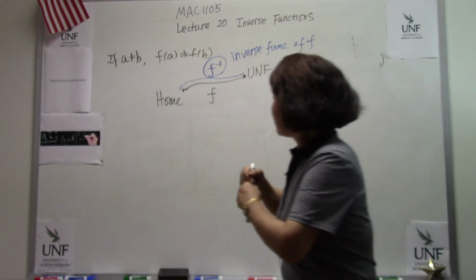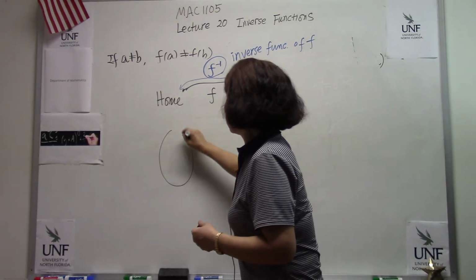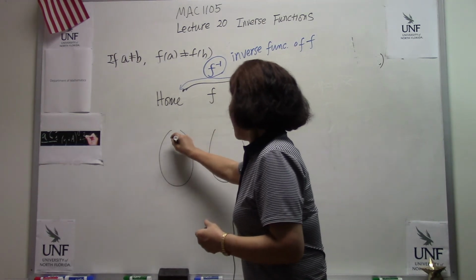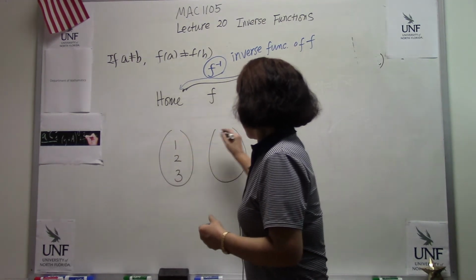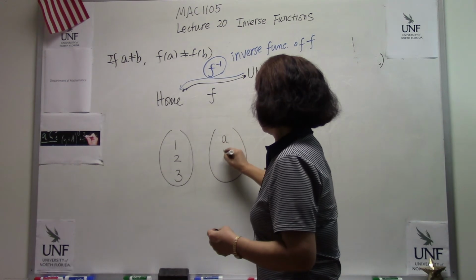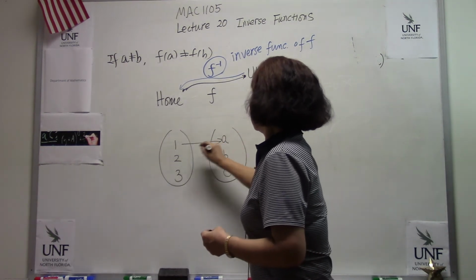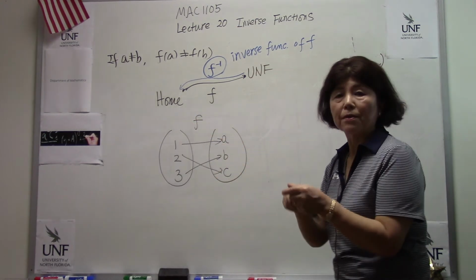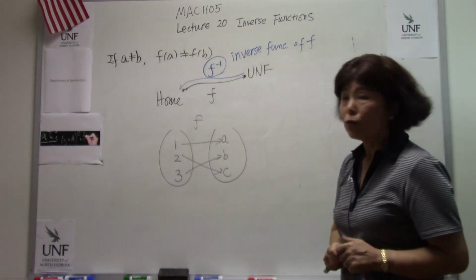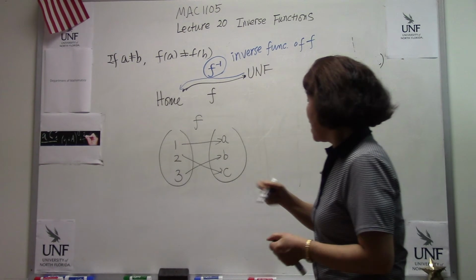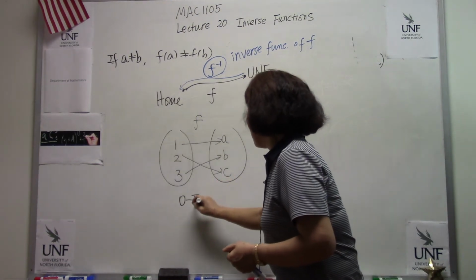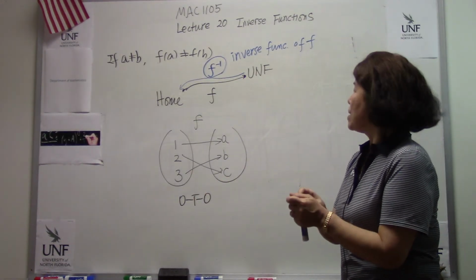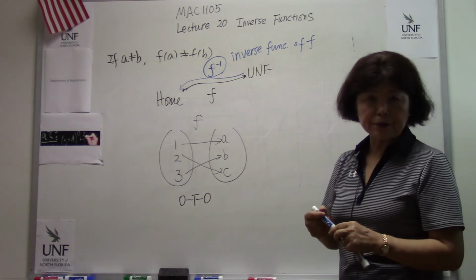So conceptually, more precisely, now let's go this way. So you have 1, 2, 3, and you have A, B, C. You have a function f like this. Is this a one-to-one function? Yes. If you have a one-to-one function, then we can talk about the inverse function.